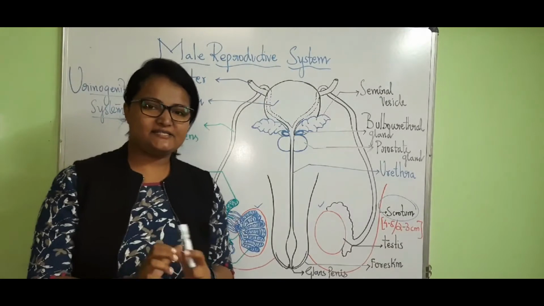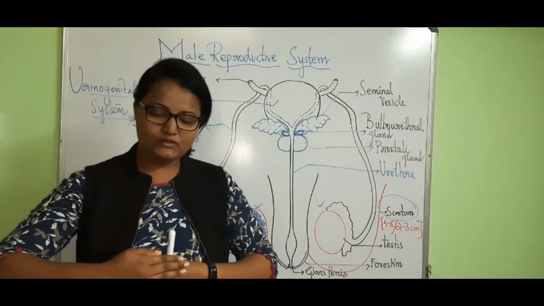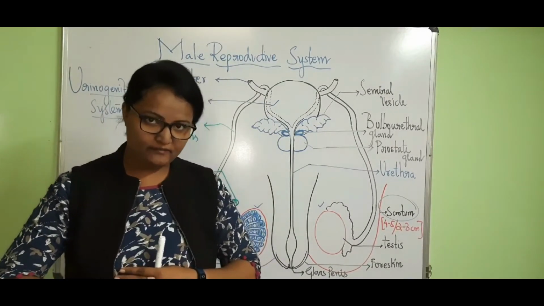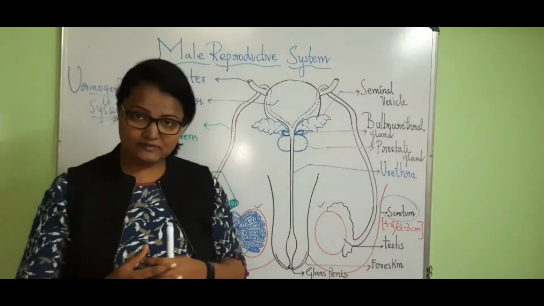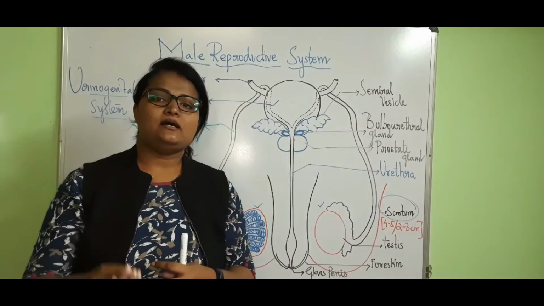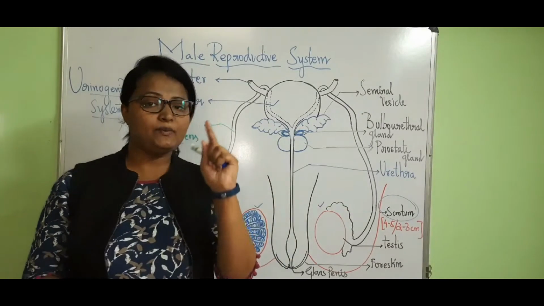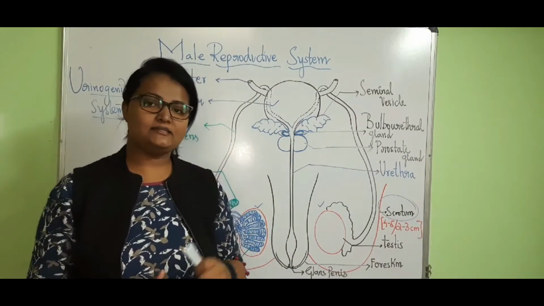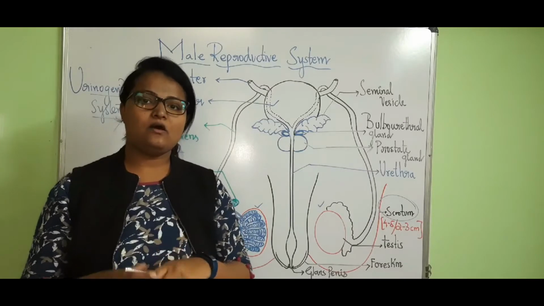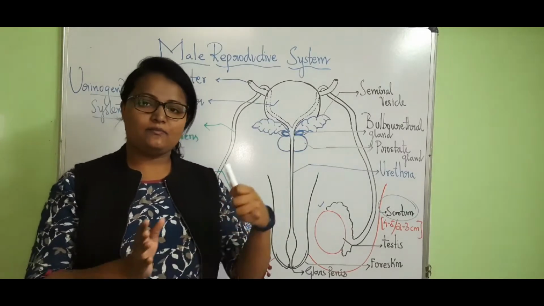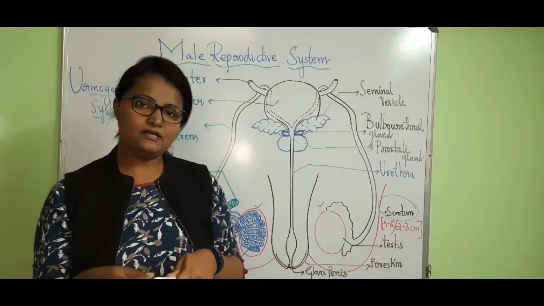That is a sac-like structure hanging outside the lower pelvic region in males, where the testes are embedded. There is one typical reason why the testes are always in the scrotal sac.